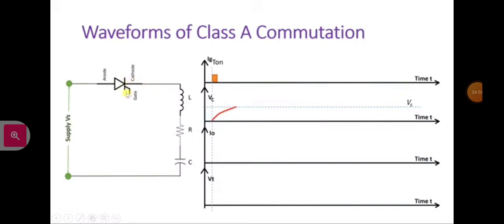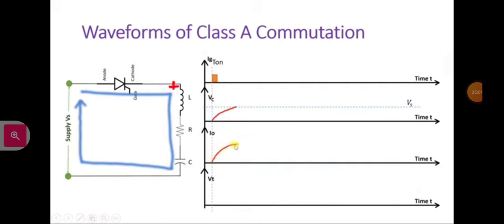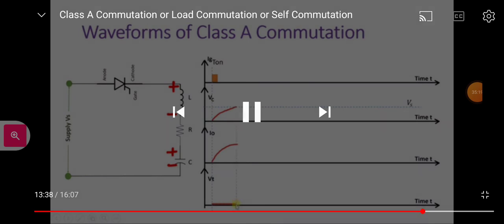As this capacitor is getting charged to Vs voltage, you will observe the load current that will flow through this anode, and that load current will increase like this, right? That will increase till the capacitor is charged up to Vs voltage. And as this SCR is on, the voltage across the SCR will be 0.